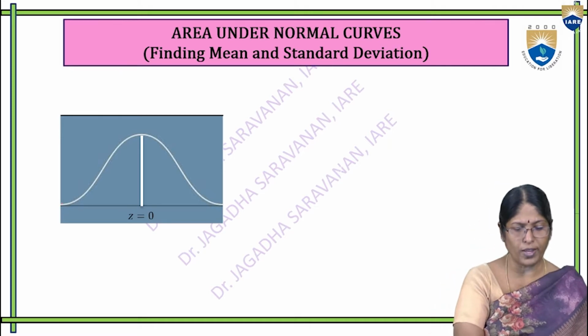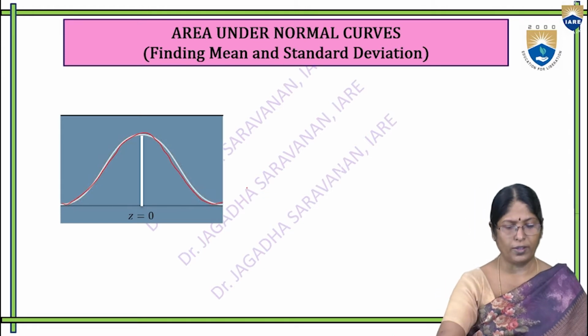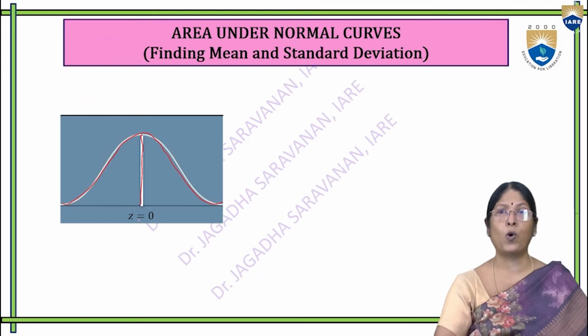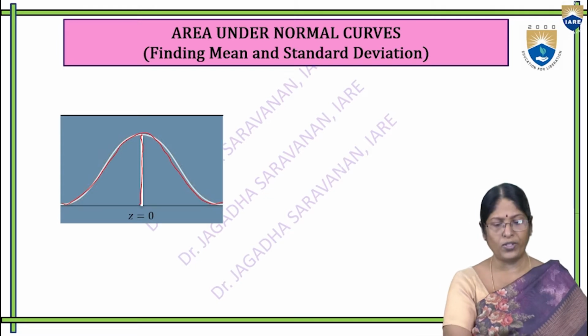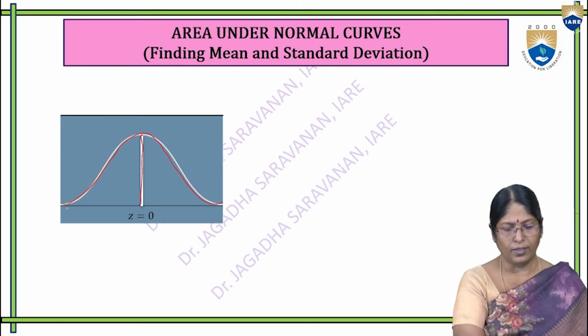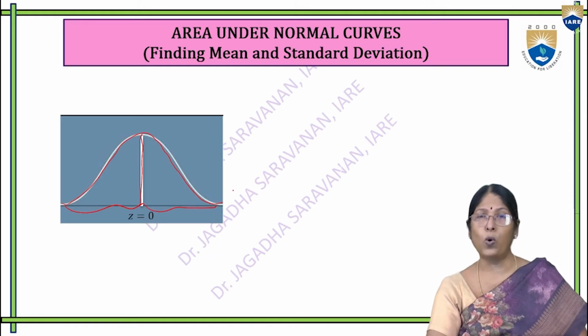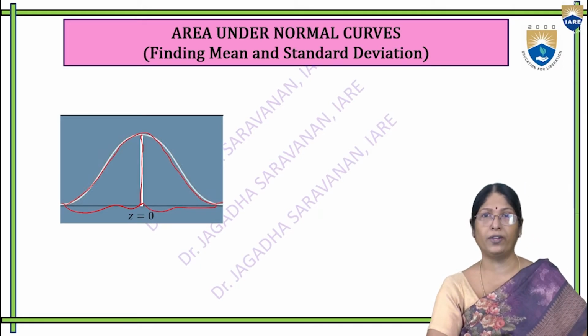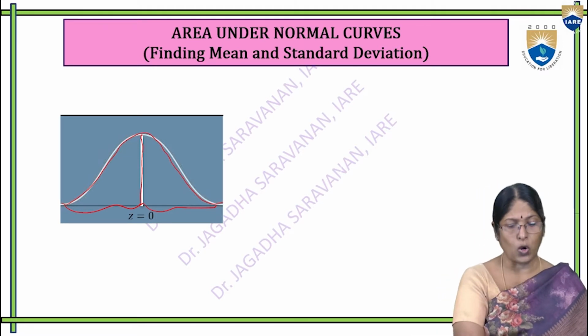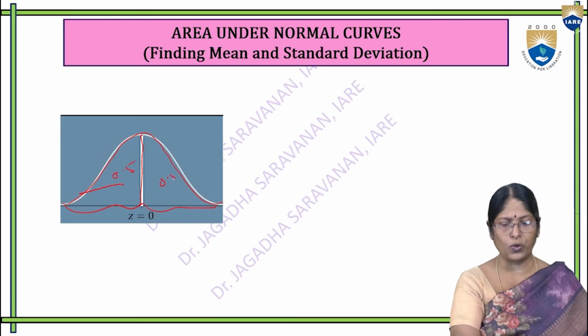The normal curve is nothing but a bell-shaped curve. Here, the vertical line at the point z equal to 0 divides the normal curve equally. It is symmetrical, that is, this area and this area are equally divided. The total probability is 1, so here the area is 0.5, here also 0.5.